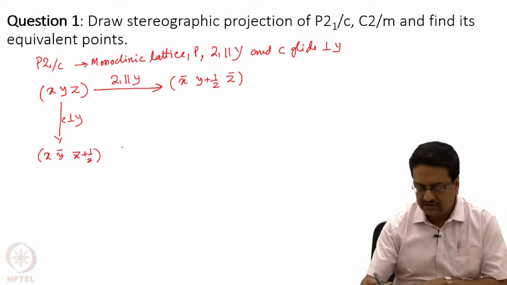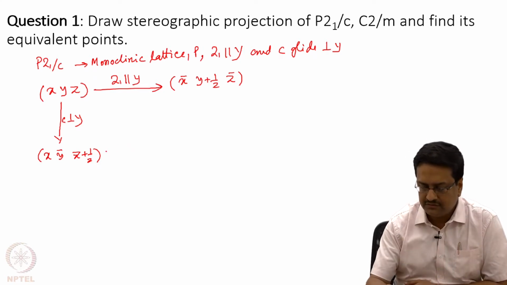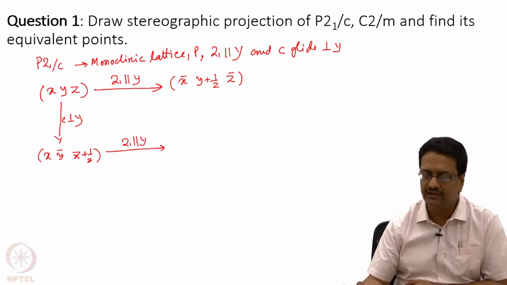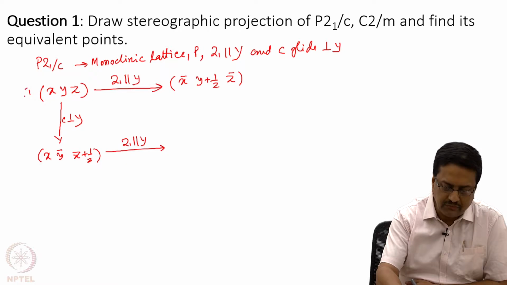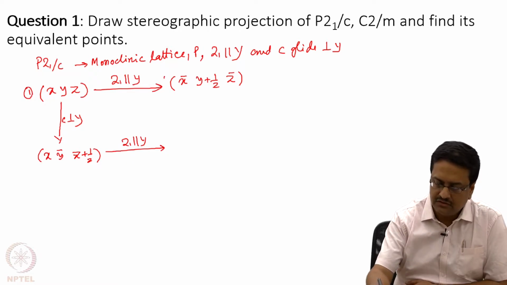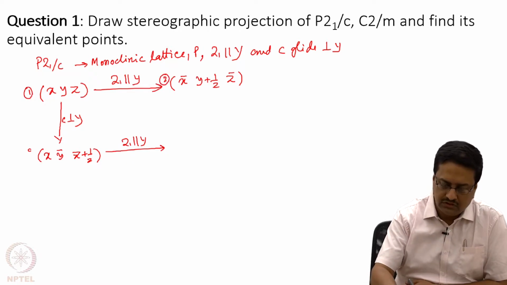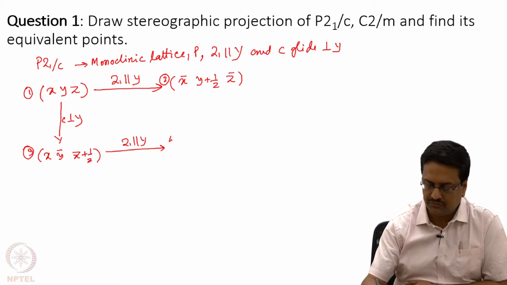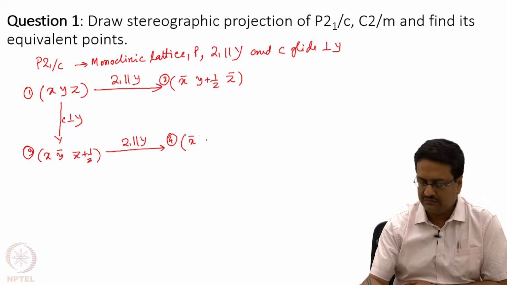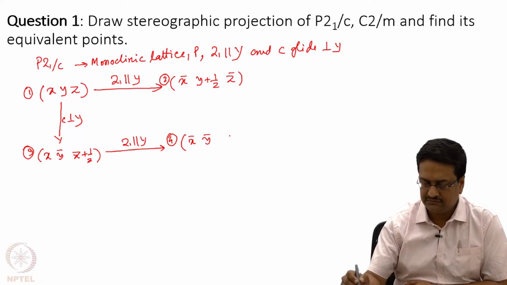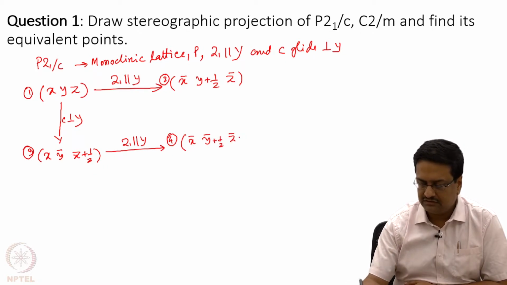So now if we apply 2_1 parallel to y on this point number 3, if we number them as 1, 2, 3, the fourth point that we get is nothing but x bar, y bar plus half, z bar plus half.